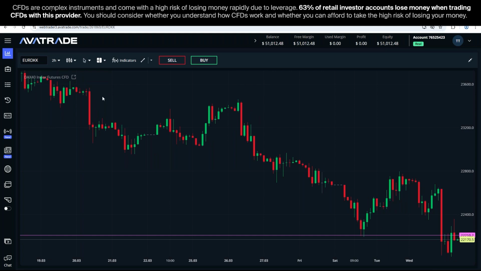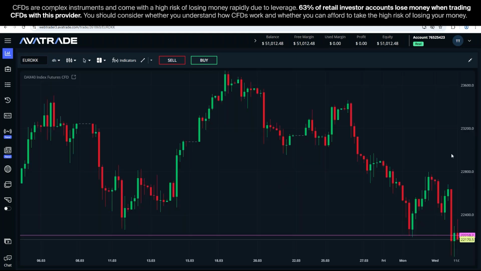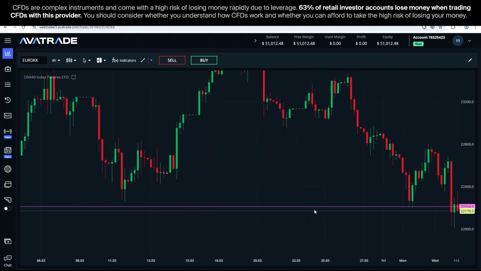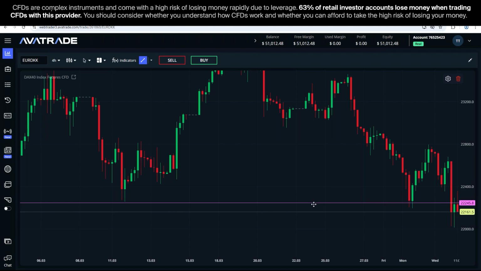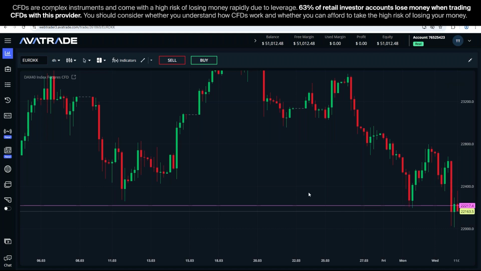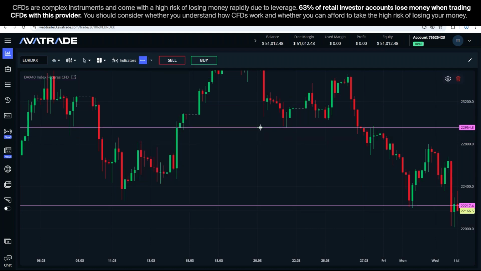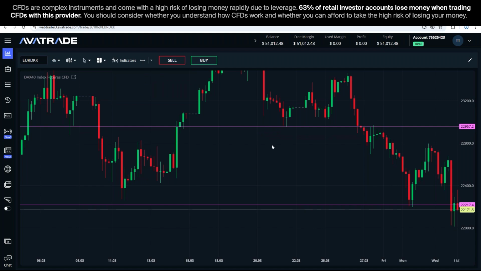So let's go maybe 4-hour candles, get a little bigger view. And what we can see then is, if we draw some price lines, this was yesterday into today, and really this week leading up to the tariff announcement. We knew that was coming.